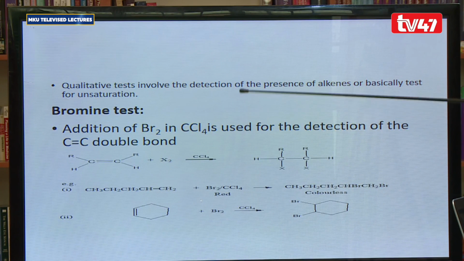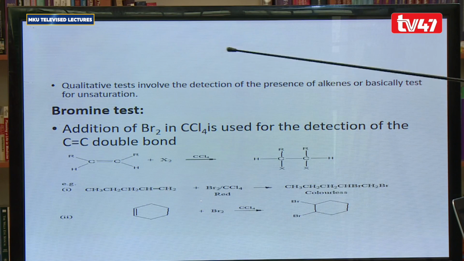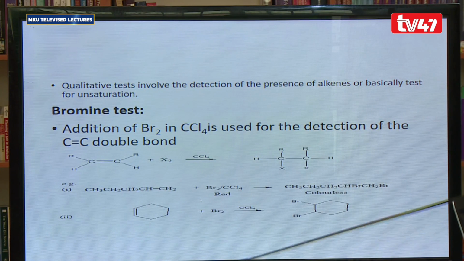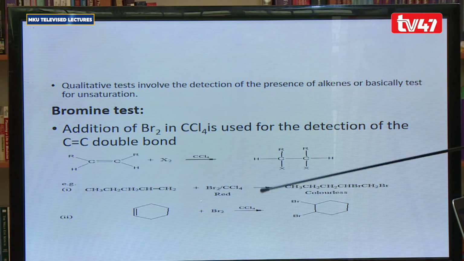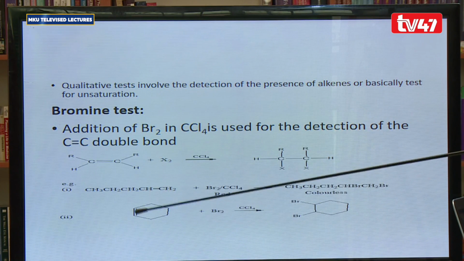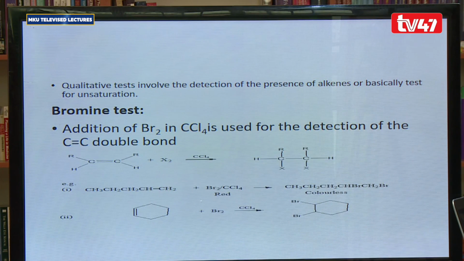The bromine will be reacted, and so it will be removed from the solution, and therefore the solution will change from the red color that is due to bromine to colorless. This cannot happen with alkane. So that kind of reaction can also differentiate between alkenes and alkanes.